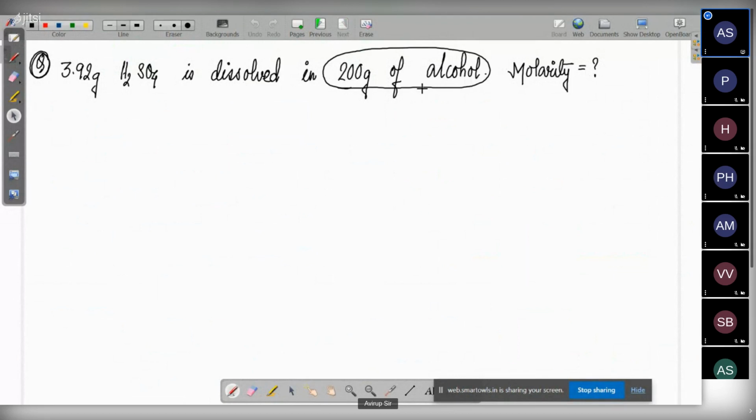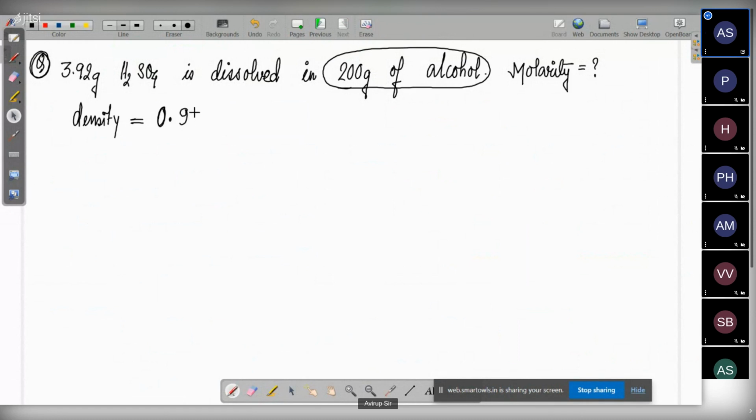Then what to do? In this kind of sum, density will be given to you. Density must be given to you in this type of numerical. So density, suppose, is given as 0.9.